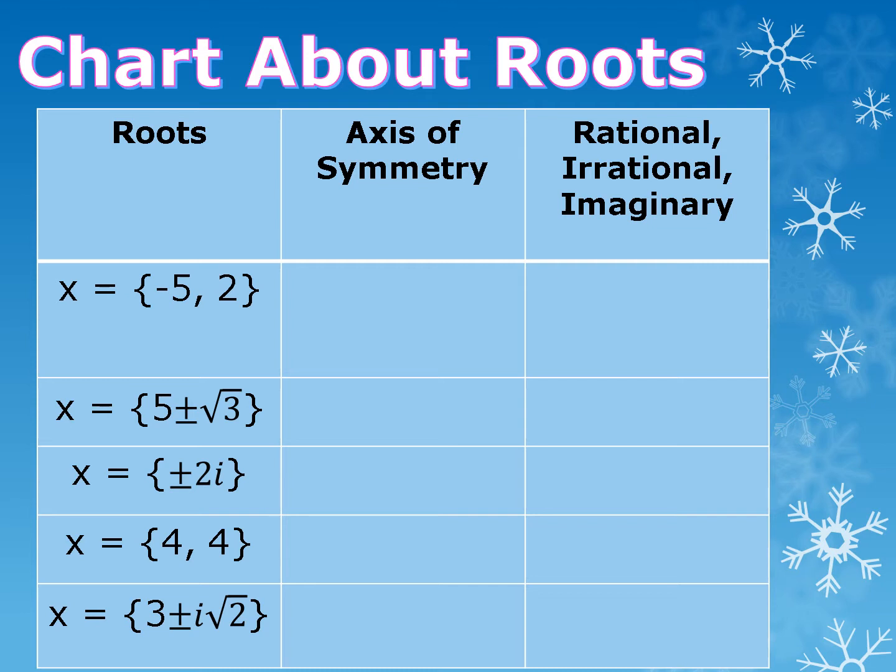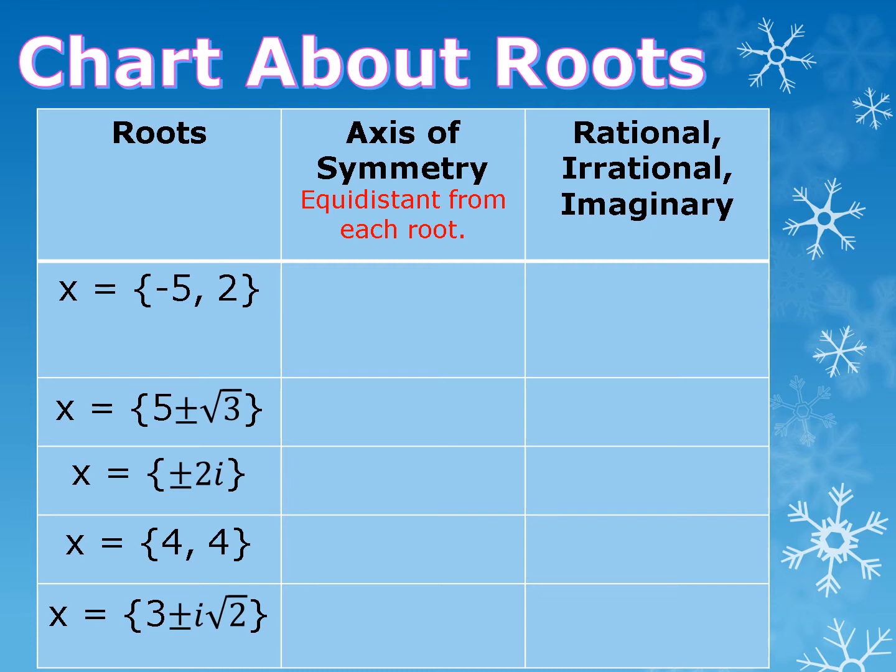And I also know that the axis of symmetry is that vertical line of reflection that goes straight down through the middle of the parabola through the vertex. So what that means is that the roots are equidistant to the axis of symmetry, or the axis of symmetry is equidistant to each root. So looking at each of our examples here, let's look at the first one.